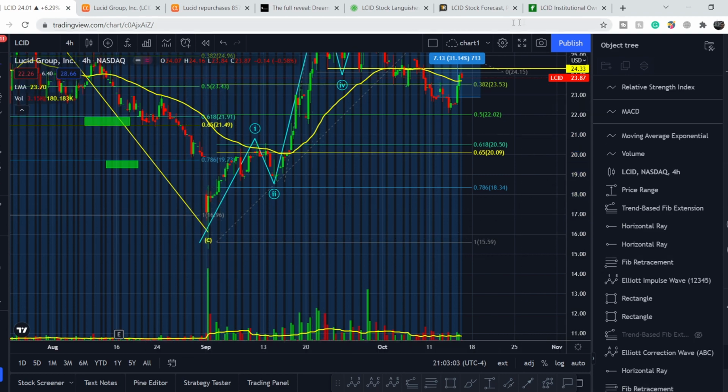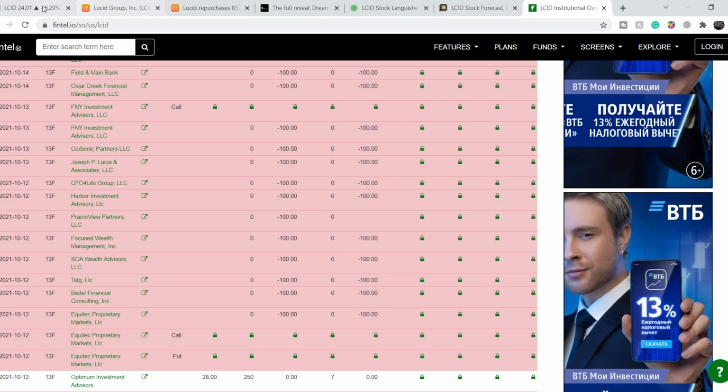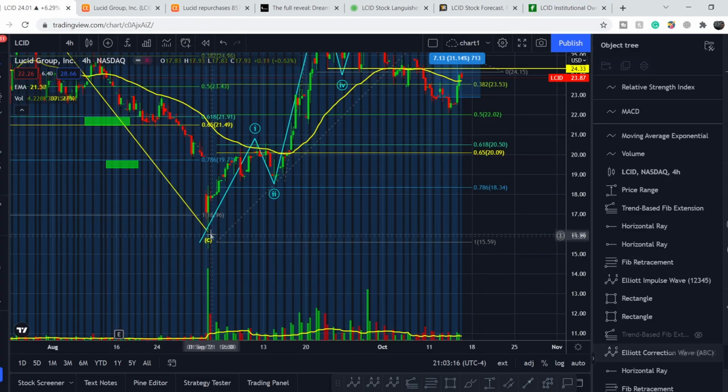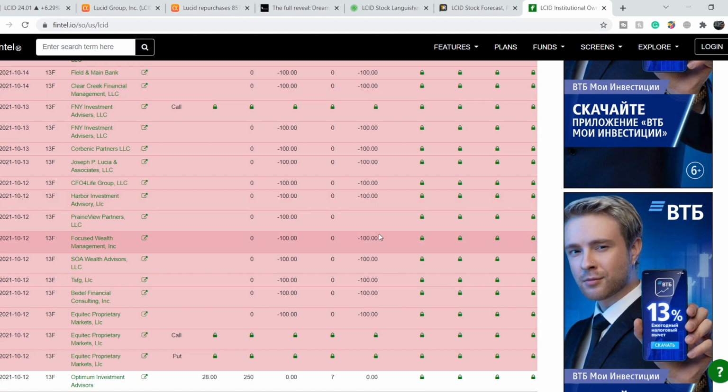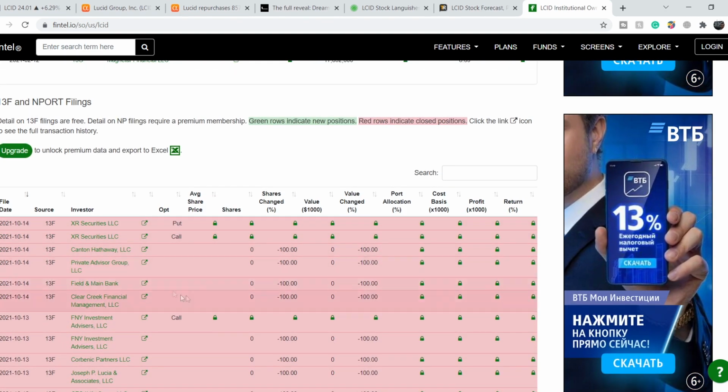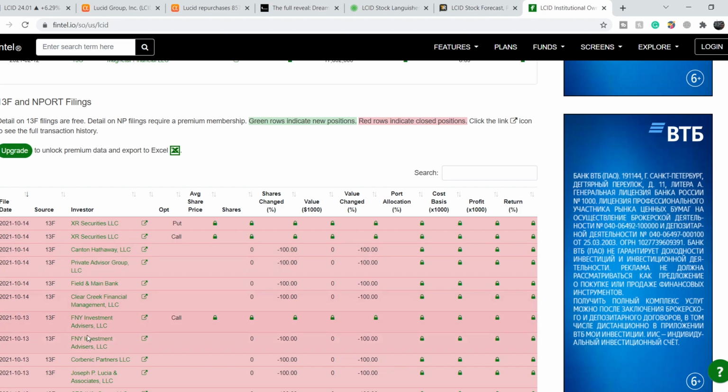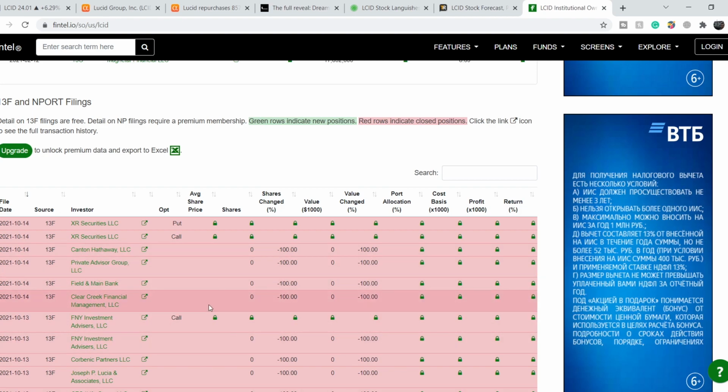And all of these sales were the result of this sell-off. And from this point we will see more green rows in this list. And with this list you have to rely only on the names of the investors and on their position size.